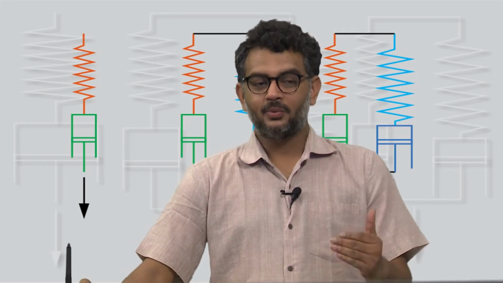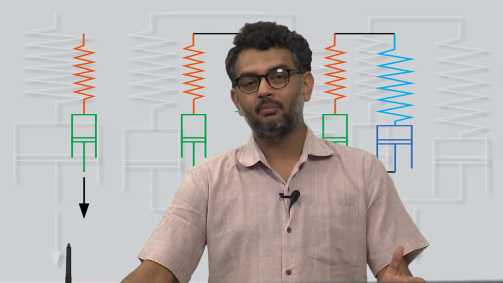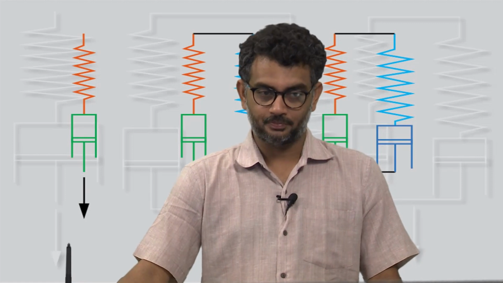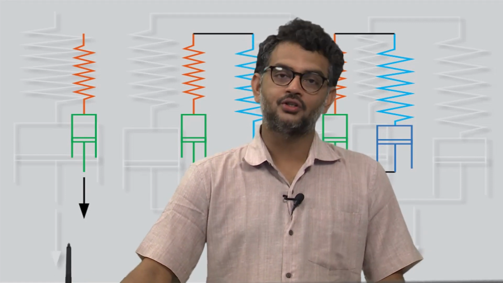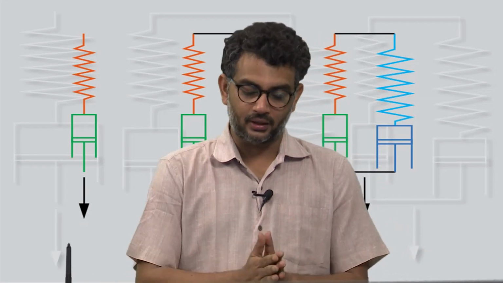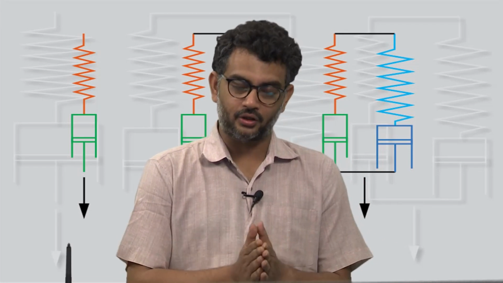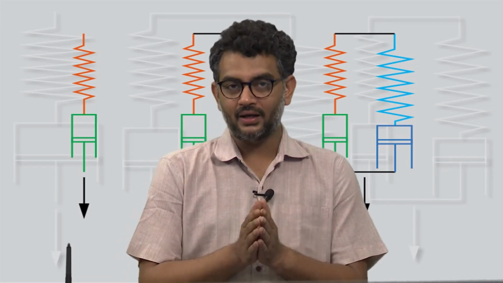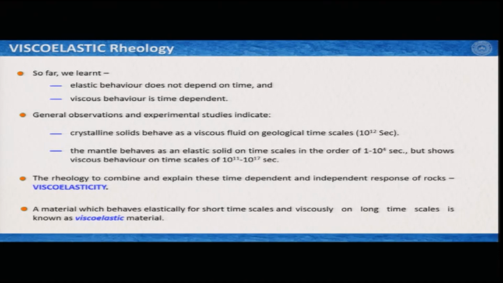How can we apply this to our earth systems? The general observations from different long-term and short-term measurements are that crystalline solids, when they deform, behave as a viscous fluid on geological time scales like 10 to the power 12 seconds or so on.